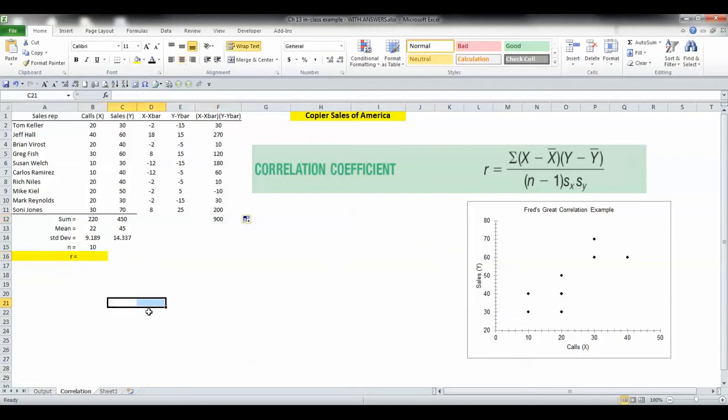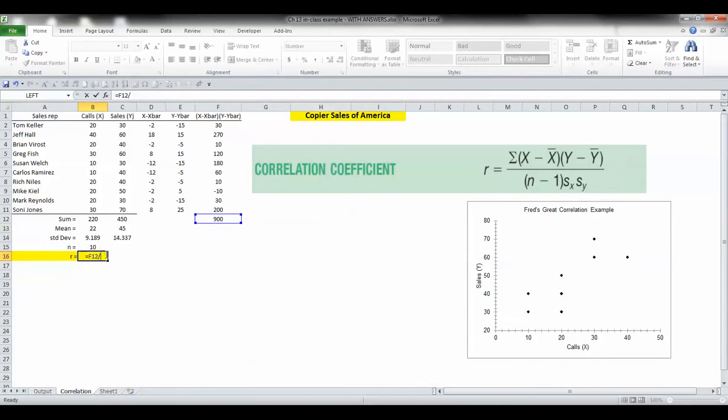So for our calculation, we know that we're going to go ahead and use the formula that we have here. So we can just take our numerator, which is the F12 cell, then we divide it by what? N minus 1.